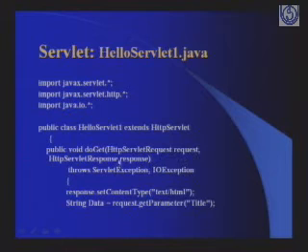These two objects we are passing, and it throws ServletException and IOException. This is the basic syntax for the doGet method. For the doPost method also the same syntax is there. In place of doGet it will be doPost, and we will pass the request and response objects, and then it throws ServletException and IOException.